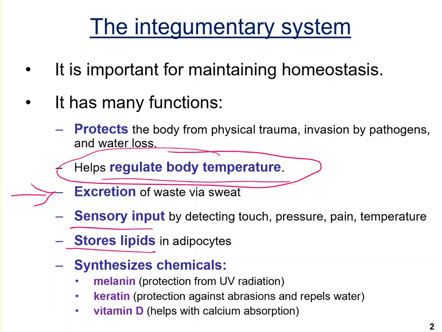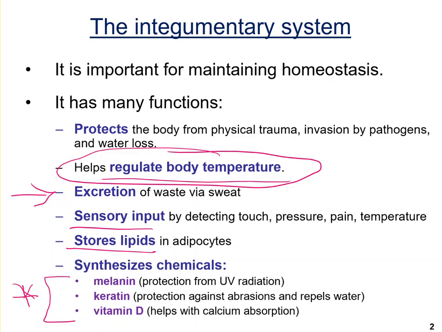It's also going to be important in storing lipids in those adipocytes that are found in the bottommost layer. And lastly, it's going to be very, very important in synthesizing chemicals. I'm going to talk in more detail about this, okay? There are certain chemicals like melanin, which give your skin its actual color and tone. The melanin helps protect your skin from UV radiation to avoid things like cancer.